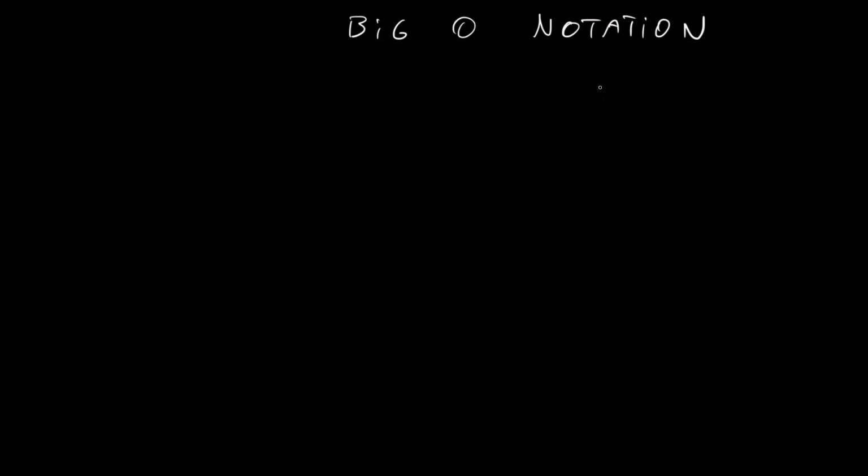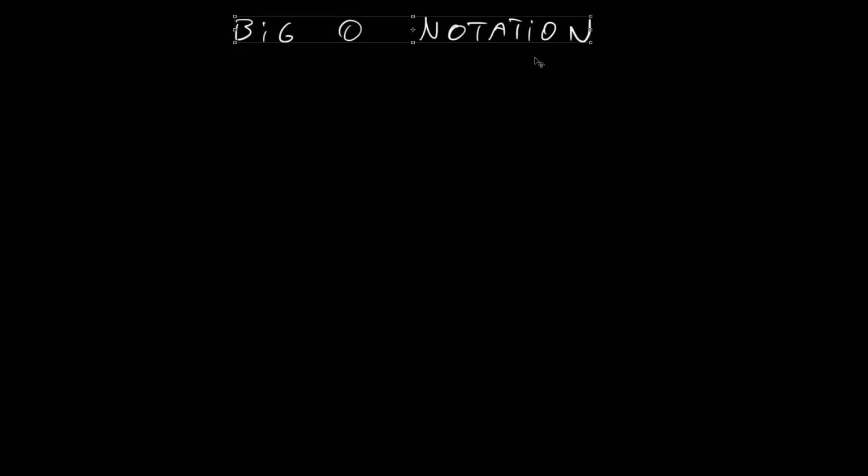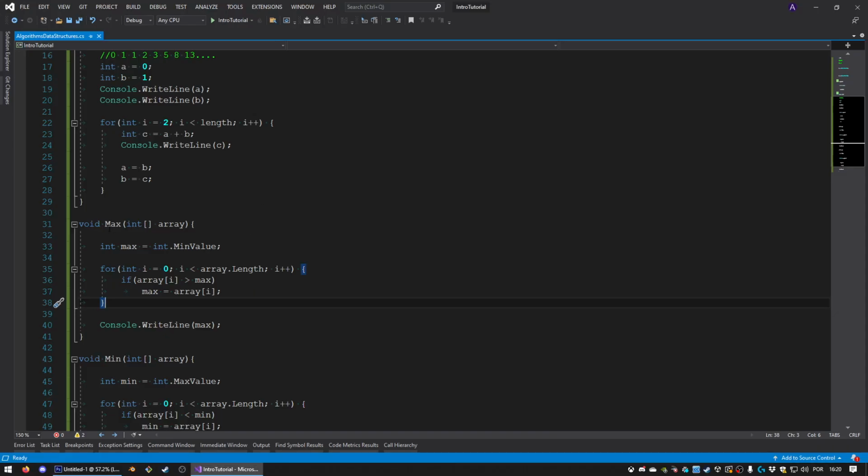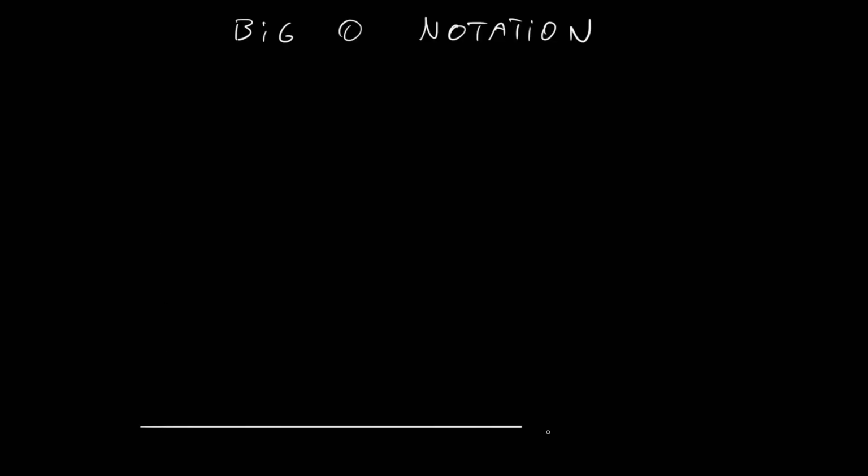What is big O notation? Very simple. It's a function that denotes how the complexity increases with the amount of data, with the input. So let's say that we have our max function here, right? We have some input, which is an array that has a certain amount of data, right? So we will put that data here in the x-axis.